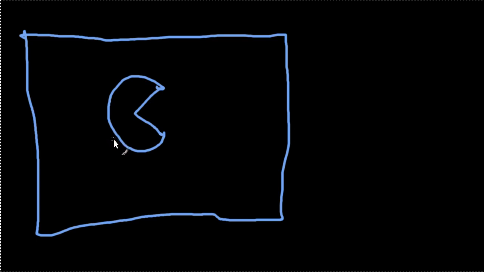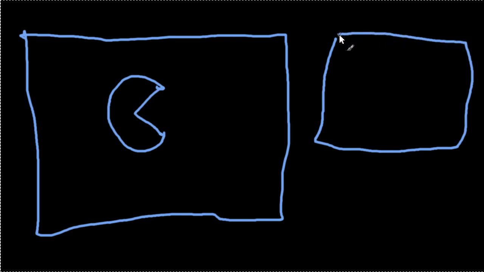Now, what I want to do is actually have it so each object will write to its own internal surface and manage its own surface. So instead of writing directly to the screen, we're going to write to its own surface. So we'll make a surface, and then this new Pac-Man object is going to write to its own surface.